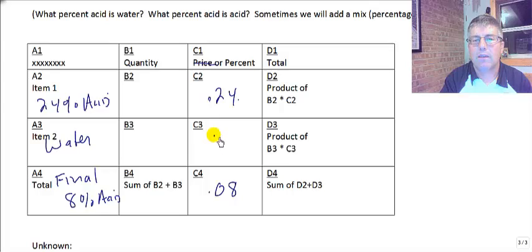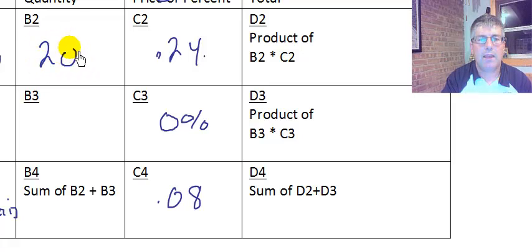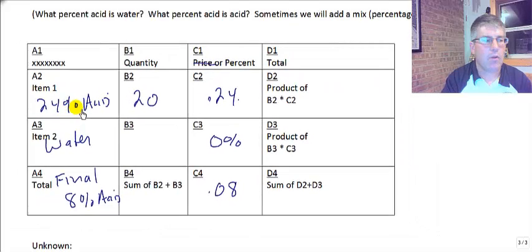And water is 0% acid. And we have in this problem, we start with 20 liters of 24% acid. And the question is, how much water needs to be added? So that's X. And so our final solution, adding down our chart, the sum of B2 and B3 is 20 plus X.